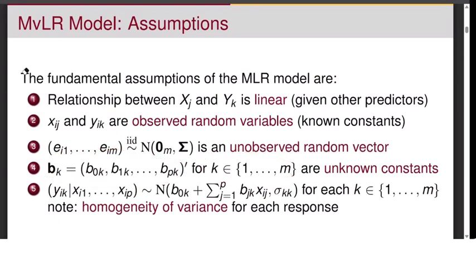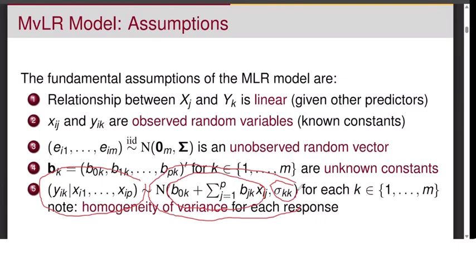Now, how is the conditional distribution of y given x going to look? Don't forget, the conditional distribution of y given x follows a normal distribution. And of course, the mean is this guy; the mean is the model, okay? And the variance is sigma_kk. Whenever you see me using sigma_kk, that's a variance.